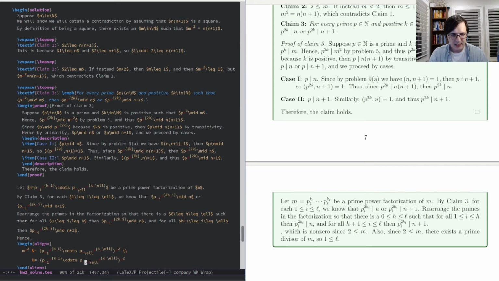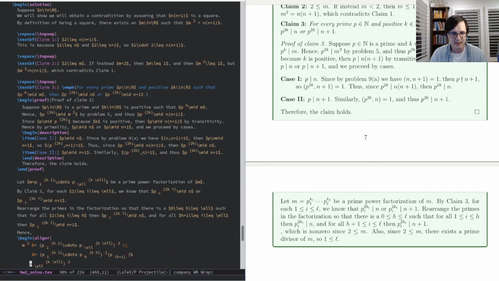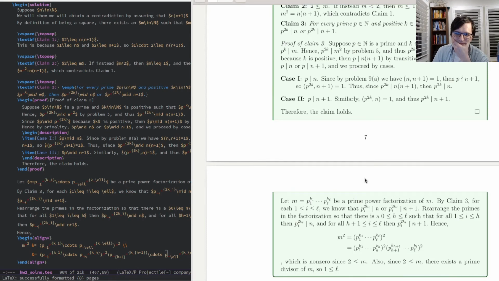So we've got p_h to the k_h squared, p_(h+1) to the k_h, oops, okay. So what I'm trying to do is say that this is n, and this is n plus 1.